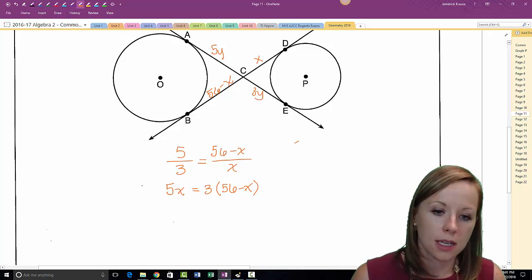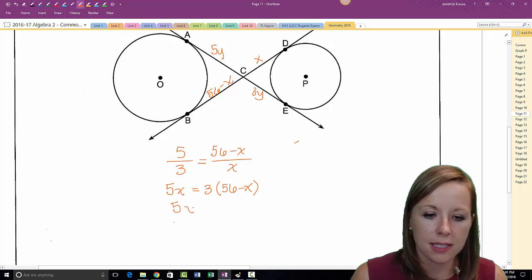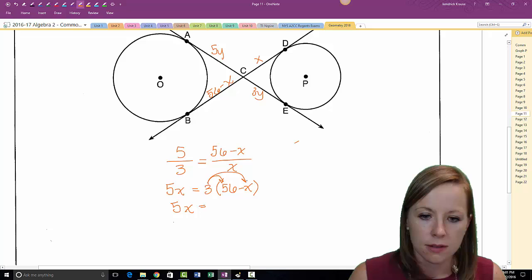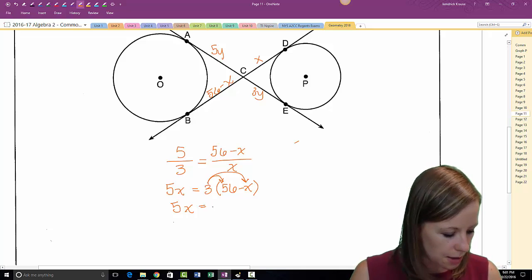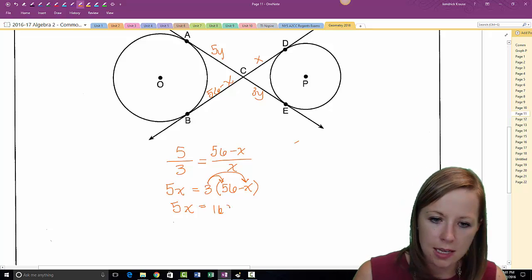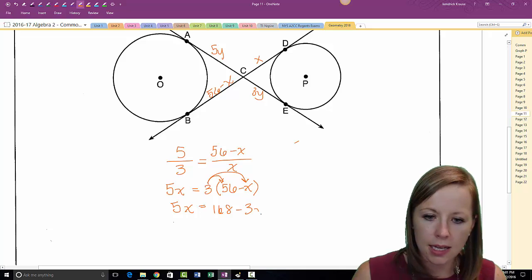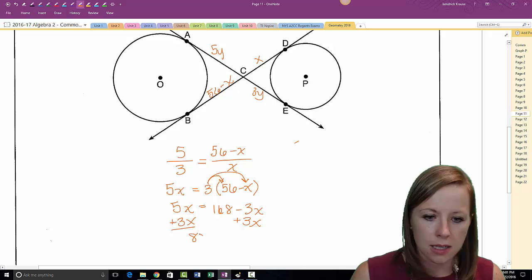Let's make sure I'm not losing it here. Okay, so 5x equals, distribute your 3, 56 times 3 is 168 minus 3x. So I want to get my x's together. I'm going to add the 3x over and get 8x is equal to 168.